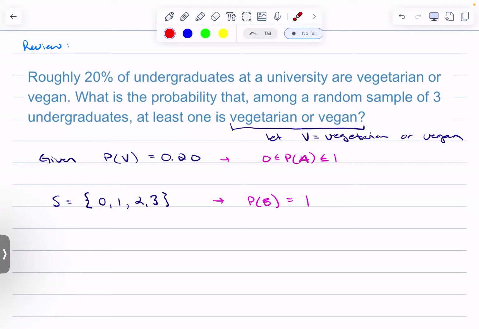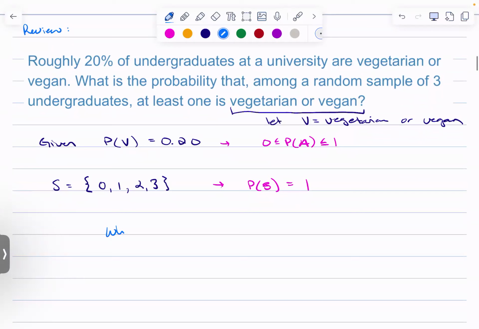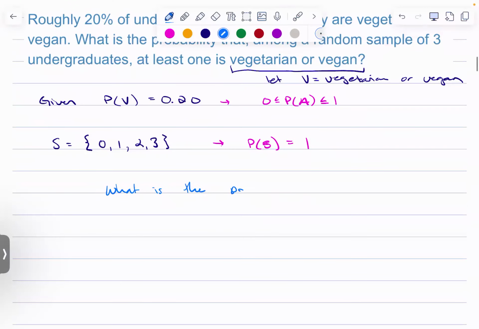What if we wanted to figure out the probability of someone being not vegan or vegetarian, I guess, vegetarian or vegan?